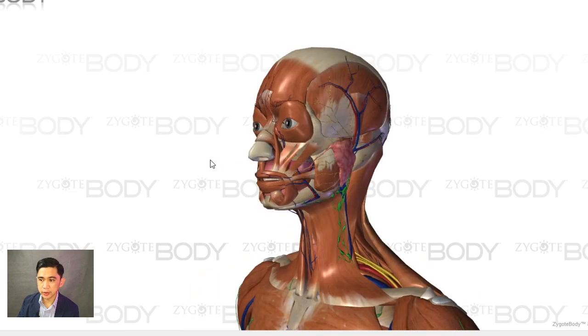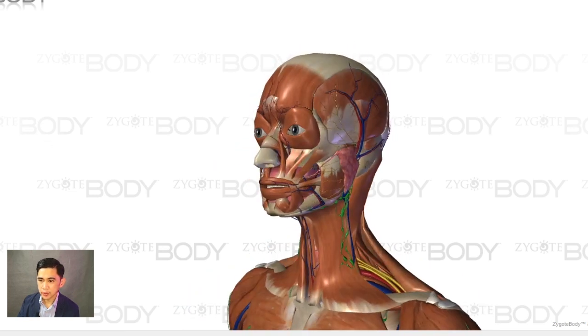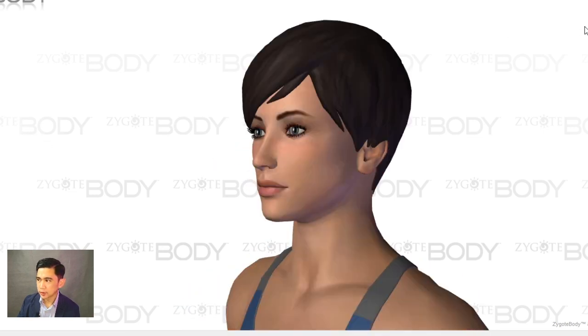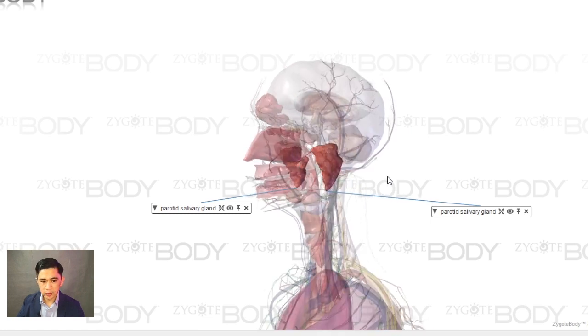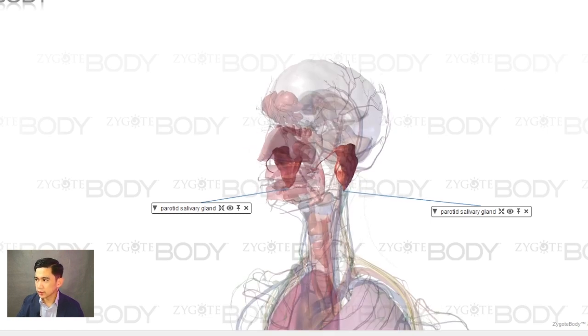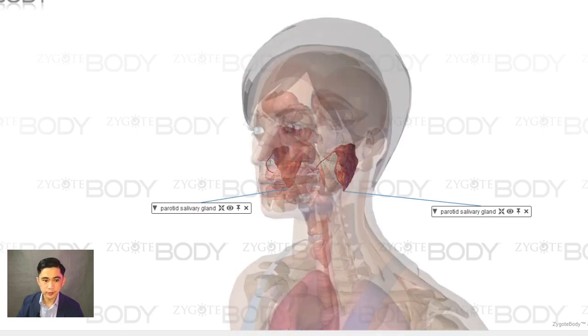You can rotate the model. Okay, you can even type. There's a search box where you can type, for example, parotid gland, so it's there, right? So yeah, it's a really good resource for learning anatomy at home.